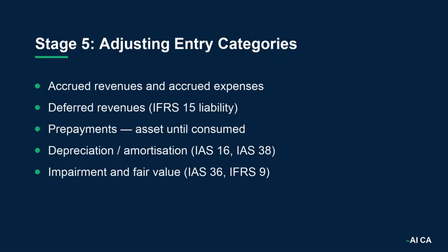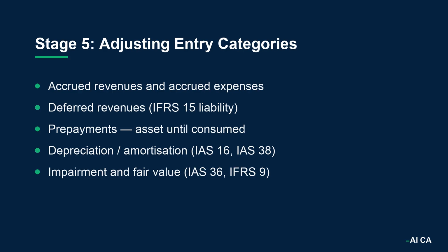Stage 5 is adjusting entries, the most intellectually demanding part of the cycle. There are 4 categories: accrued revenues, income earned but not yet invoiced; accrued expenses, costs incurred but not yet paid; deferred revenues, cash received before performance, creating a liability under IFRS 15; and prepayments, cash paid before the expense period, sitting as an asset.